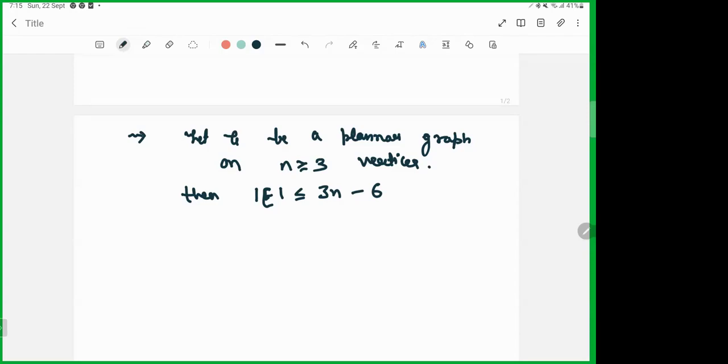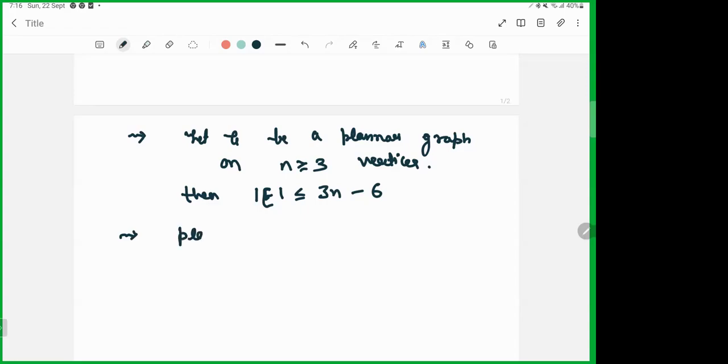What I meant to say is, this is a bound, right? Not equal. I am asking, is this bound strict? Can you make it slightly lesser, like 3n minus 5, something like that? No, in general you can't make it. For a specific kind of graph you can make it. Like for a bipartite graph, you have some bound. So, what is it for a bipartite graph?